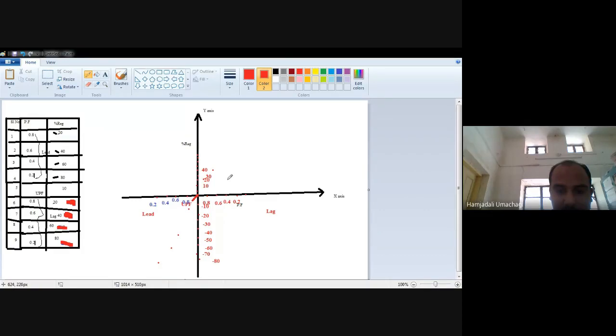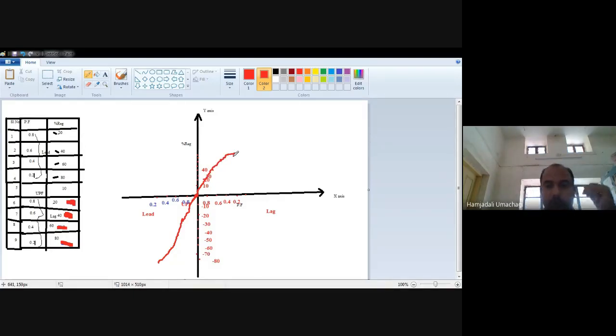This is my 0.4 lagging power factor. 0.2, 80 somewhere here. Now you need to join all those points. You should draw a smooth curve. This kind of graph you will be getting.